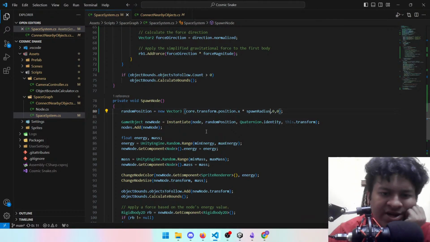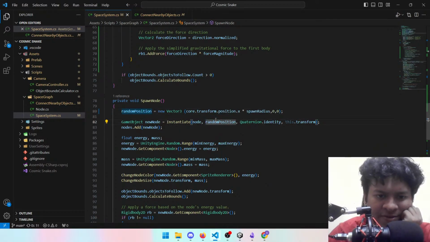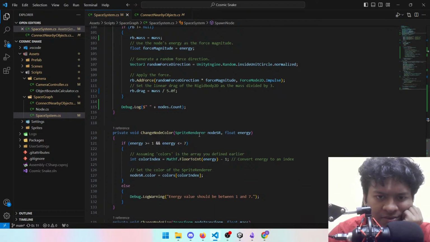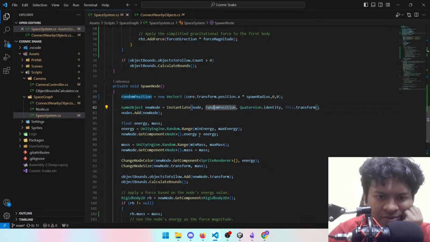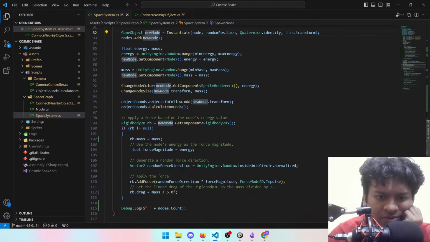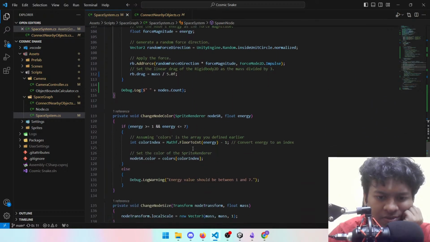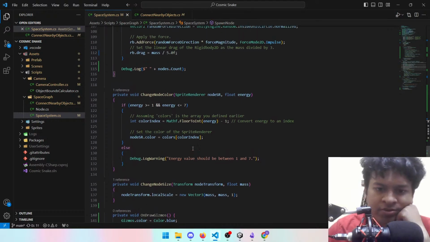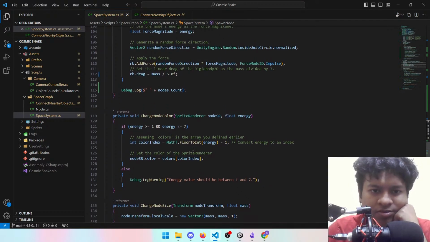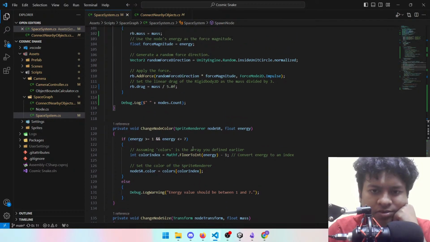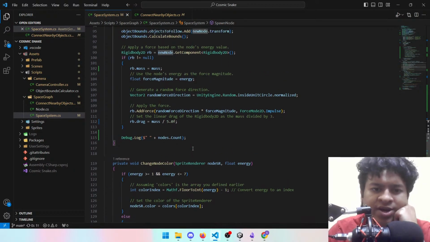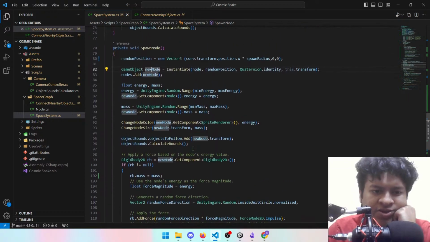No, it's being used to instantiate it right here. So we're just applying a force to it. Why would it not change its location?